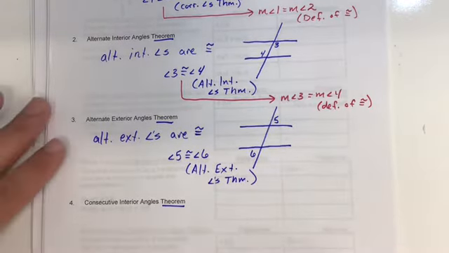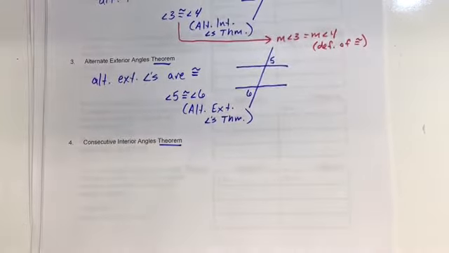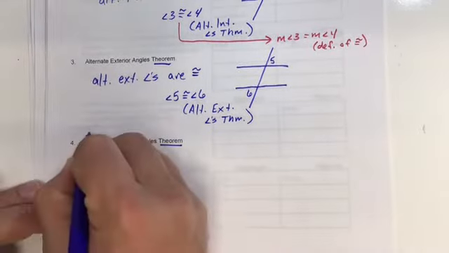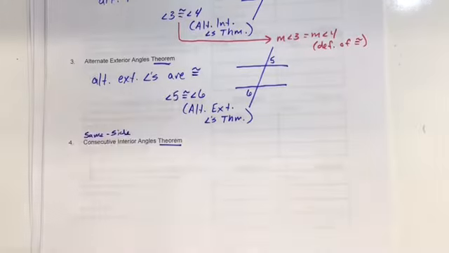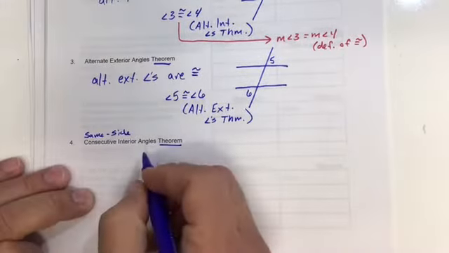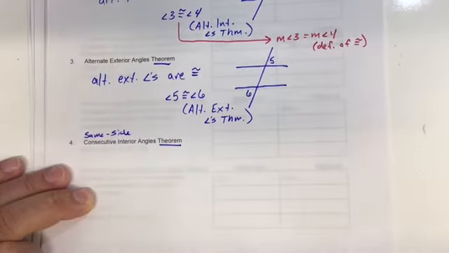But then we have one last angle relationship to look at, and that's consecutive interior or same side interior angles. And those are not congruent. Consecutive interior angles are supplementary.